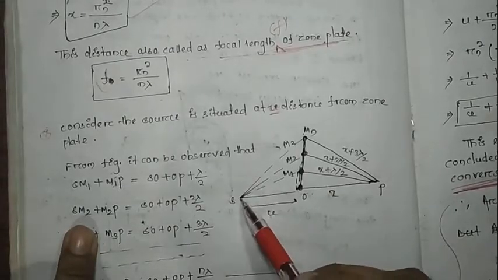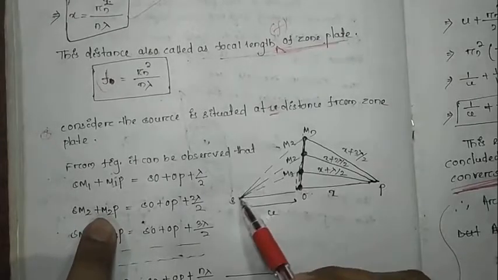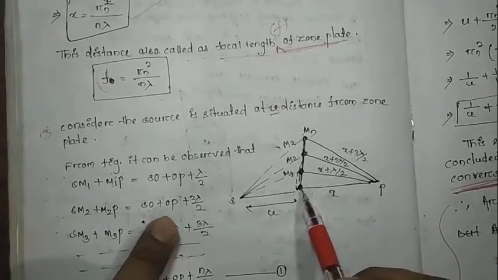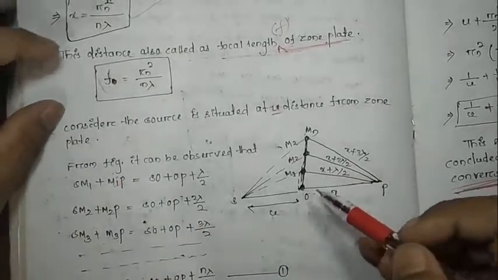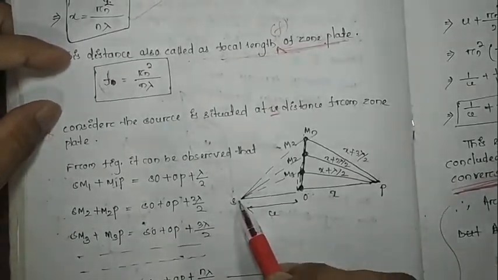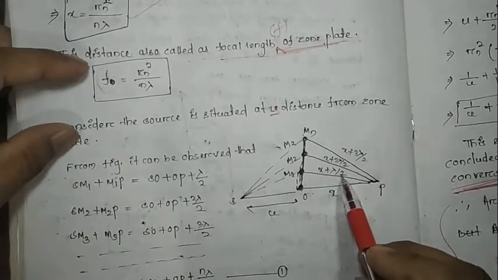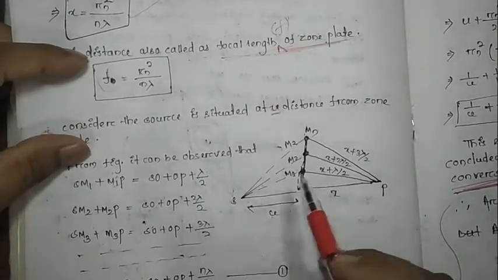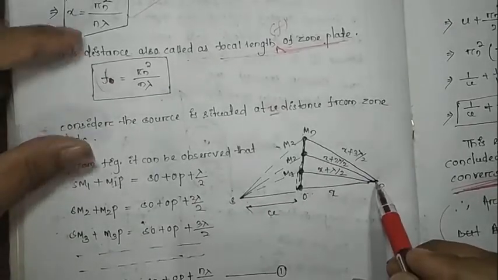Likewise, SM2 plus M2P is nothing but SO plus OP plus 2 lambda by 2. If we compare the path difference between the S to P ray and SM1P, the path difference is lambda by 2. So only for that, here lambda by 2 is added, and here 2 lambda by 2, the path difference between SOP and SM2P is 2 lambda by 2.